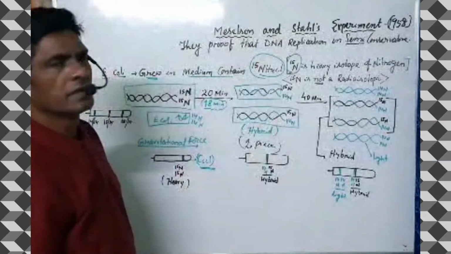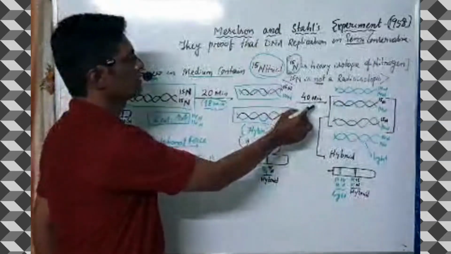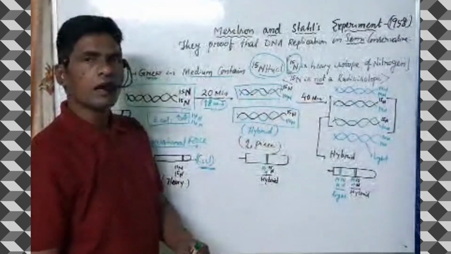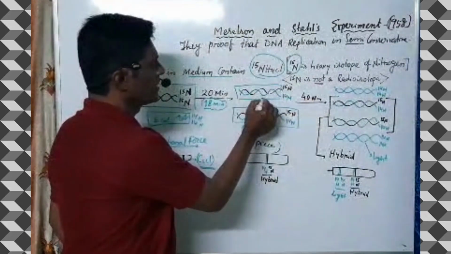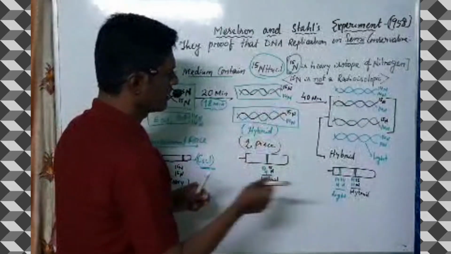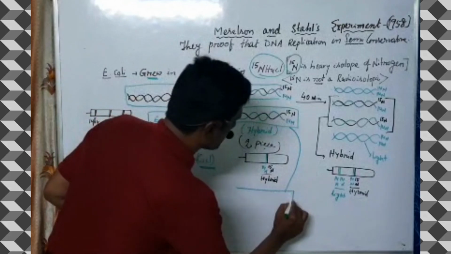Same experiment, again continued for the next 20 minutes. Next 20 minutes, 20 plus 20, 40 minutes. After 40 minutes, how is the culture? He took this hybrid DNA under the culture.